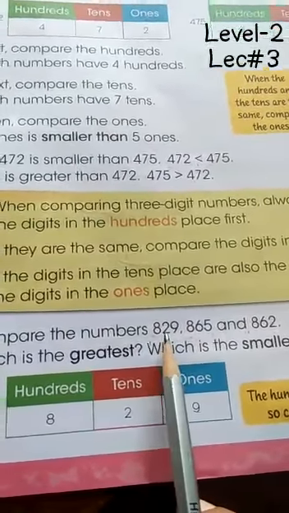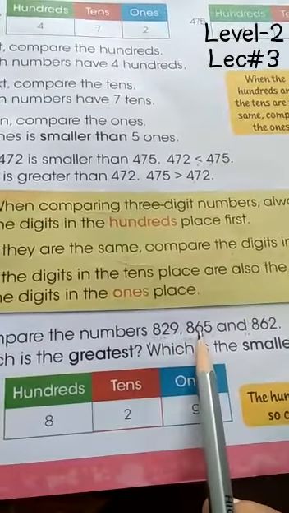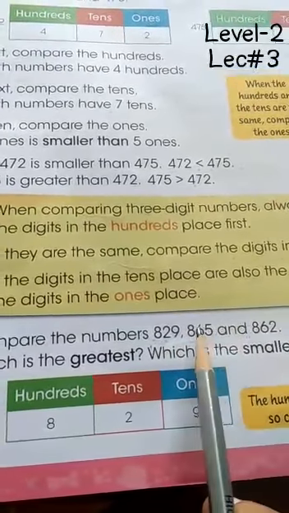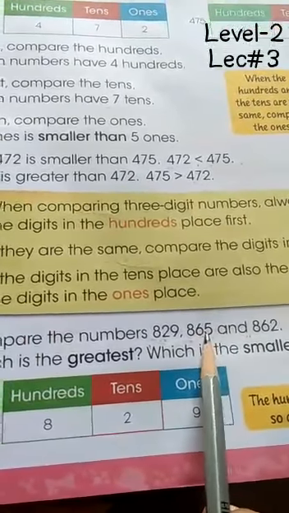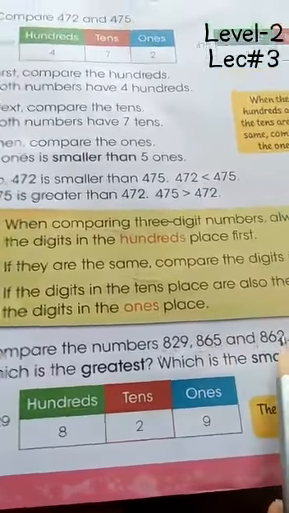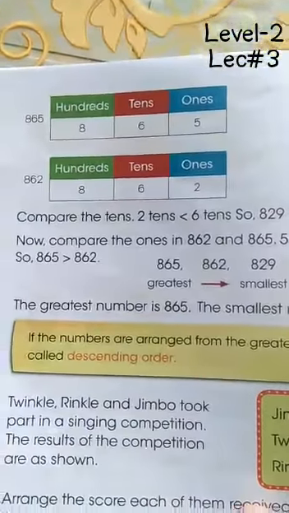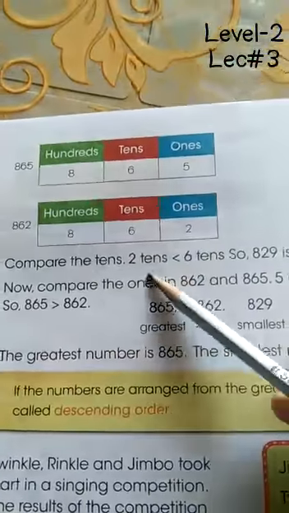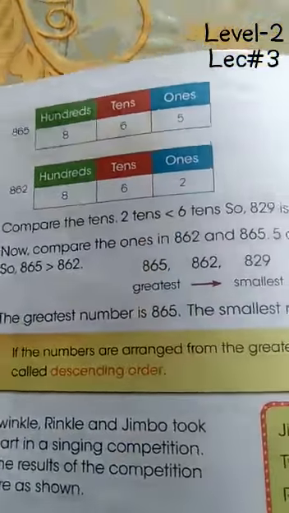Here is the 2, here is the 6, and here is the 6. As 2 is smallest, and both 6s are the same in the tens place, now we will compare the ones, 5 and 2, as 5 is greater than 2. Look at this table. Comparing the tens, 2 tens is less than 6 tens.